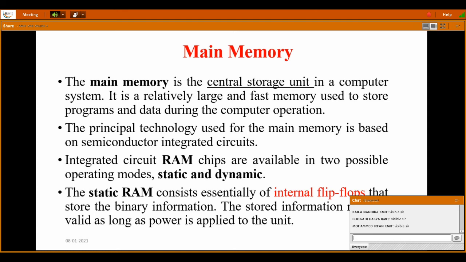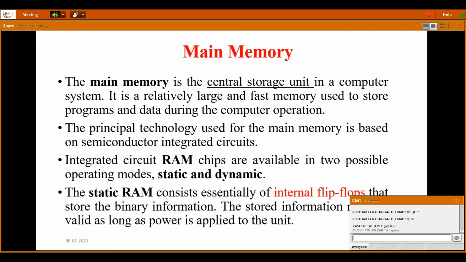The principal technology used for main memory is based on semiconductor integrated circuits.